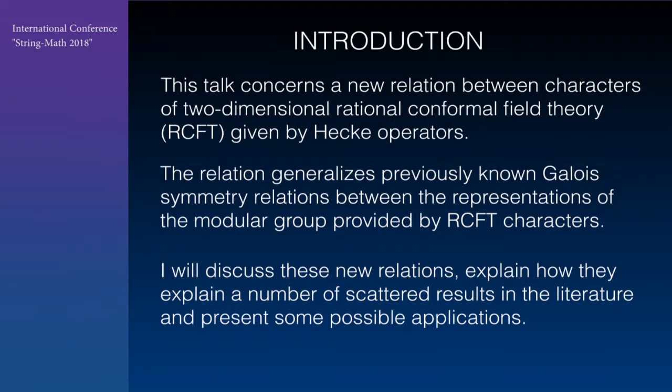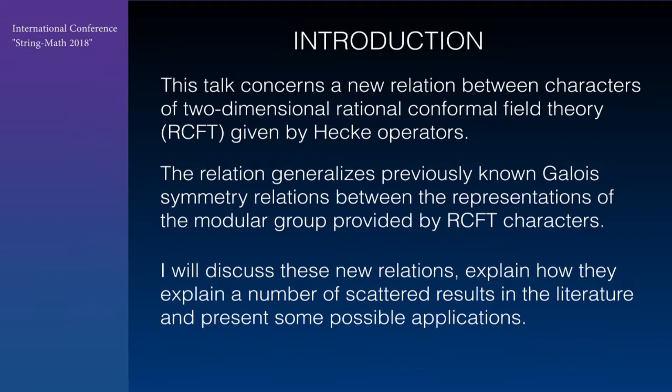So I'm going to be talking about a new relationship between characters of rational conformal field theories. It generalizes previous relations that go under the name of Galois symmetry that might be familiar to some of you that have worked on rational conformal field theory, otherwise they may not.